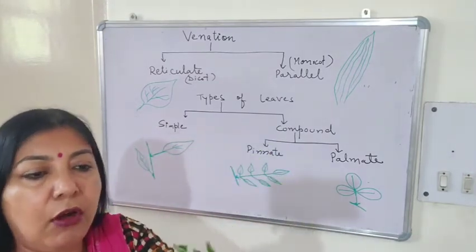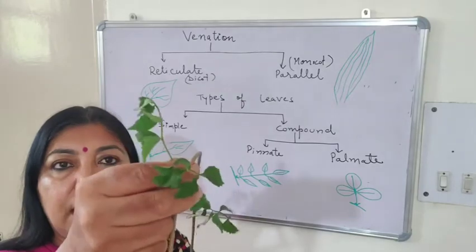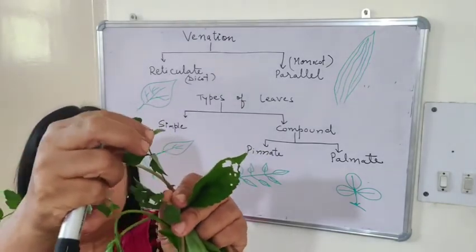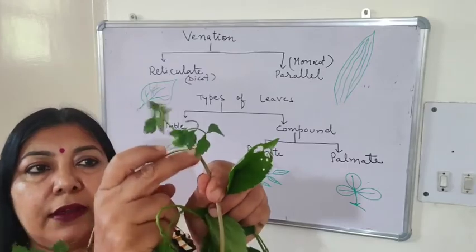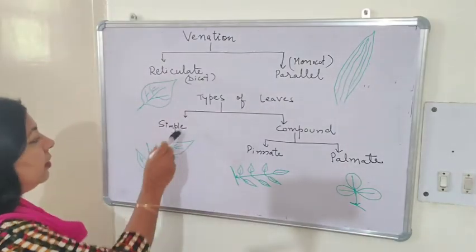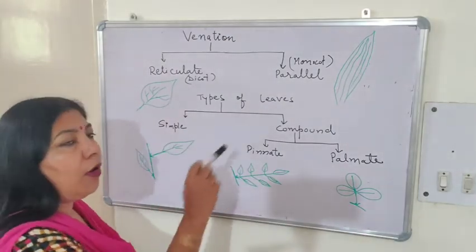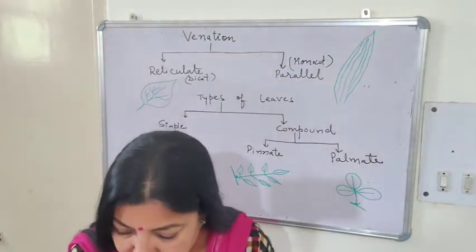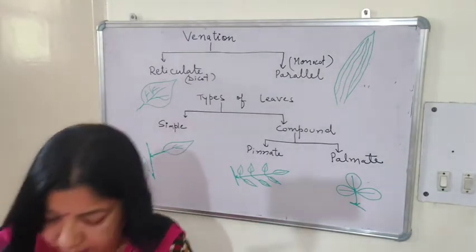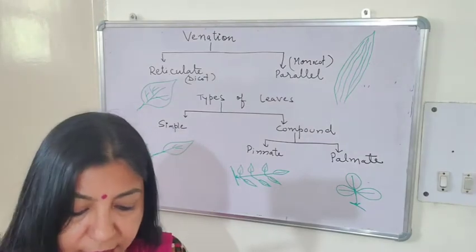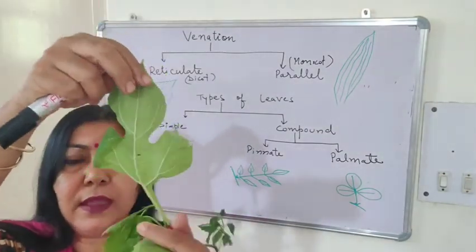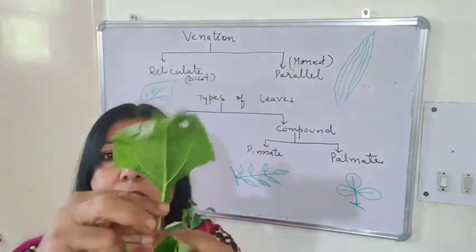Whereas the leaflets in a compound leaf will have no buds; only a single bud will be there. So this is one leaf and these are leaflets. So leaves can be of simple type or compound. I will show you another leaf. Is this a simple leaf or a compound leaf?